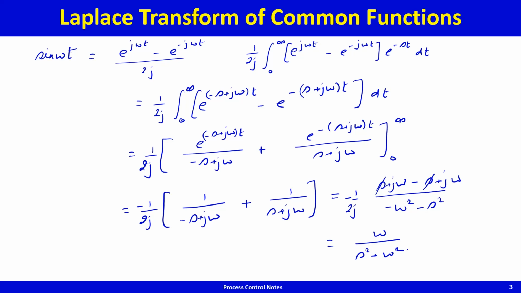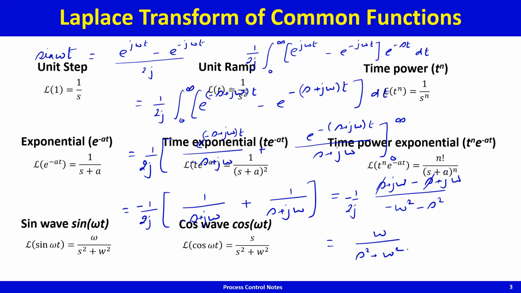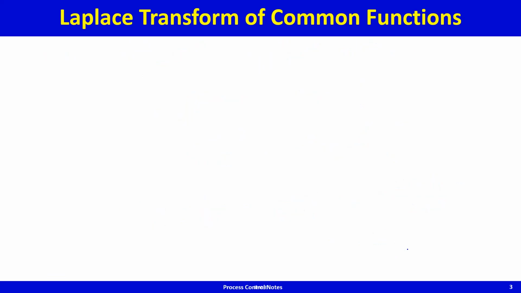We can repeat the same thing for cos omega t. Hang on. So if you look at cos omega t, again it will be 1 by 2 times the integral from 0 to infinity of e to the power minus (s minus j omega)t plus e to the power minus (s plus j omega)t, whole thing times dt.